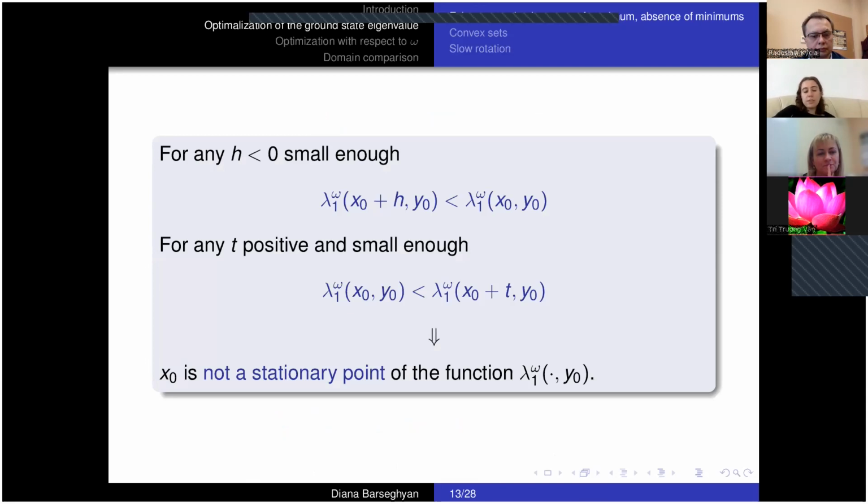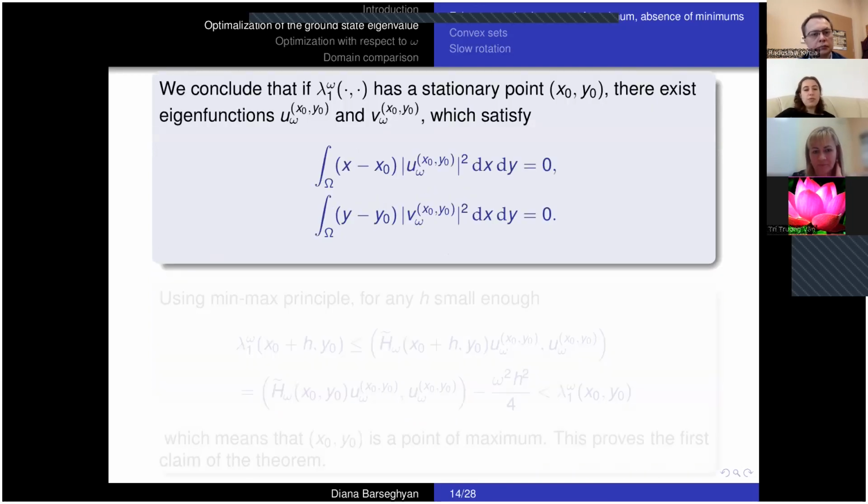So therefore it is proved that x0, y0 cannot be the stationary point of the ground state eigenvalue. Therefore, next please, we prove that these integral conditions are necessary conditions for x0, y0 to be a point of maximum or minimum, a point of extremum of the ground state eigenvalue. So they are written here. Now, having these two equations, we will easily prove that x0, y0 can only be the point of maximum. Next, please.